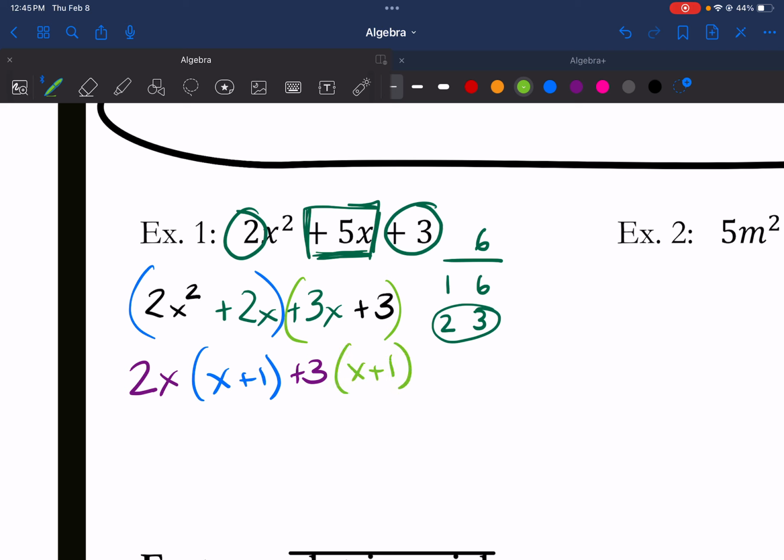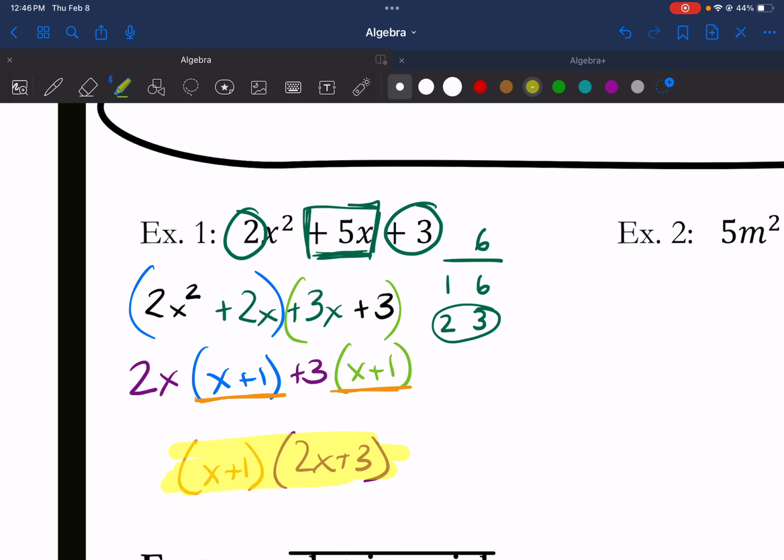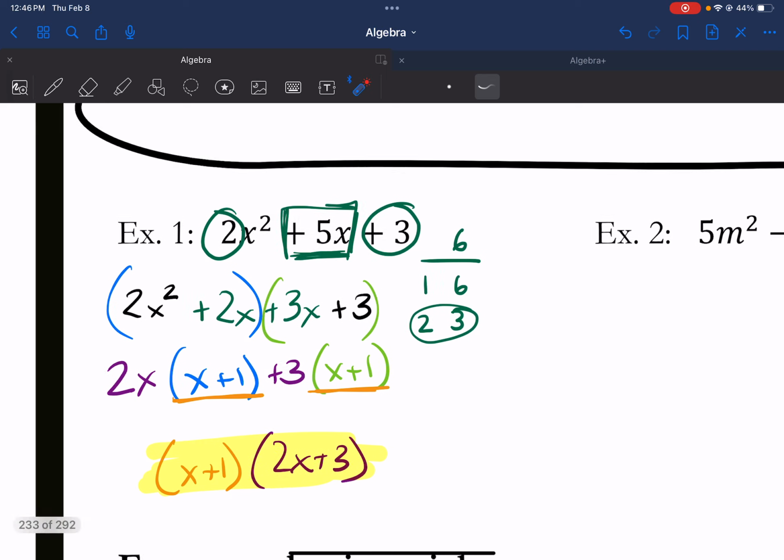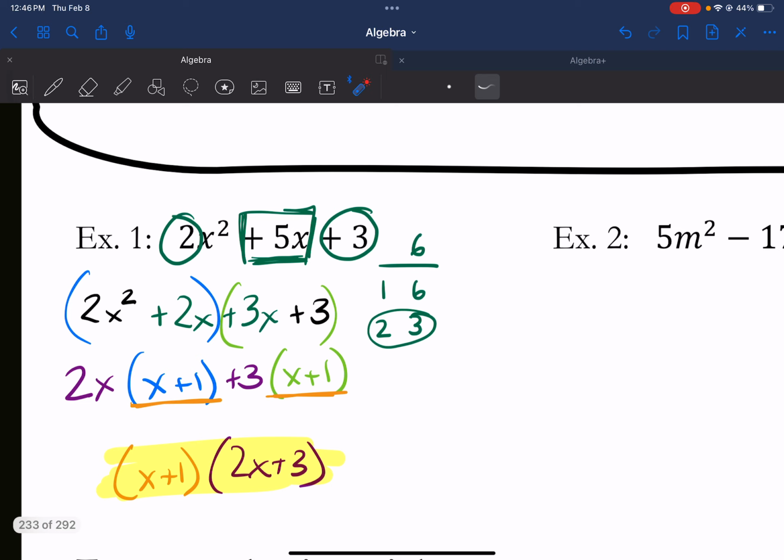My parentheses are the same, so I can set up my binomials: x plus 1, and then what we factor out, 2x plus 3. This method uses grouping, but you have to play with the factors that you're going to use. So go ahead and try example number 2. You do the same steps as example number 1. Pause the video so you can try it.